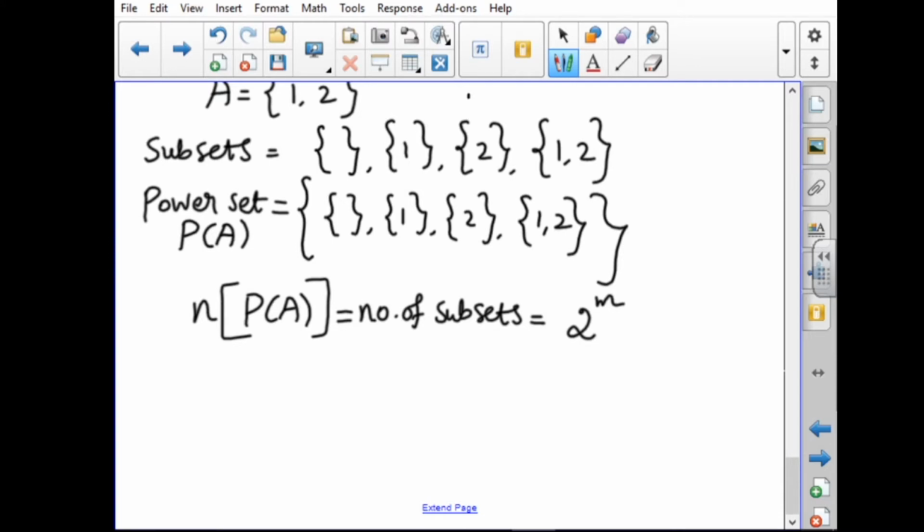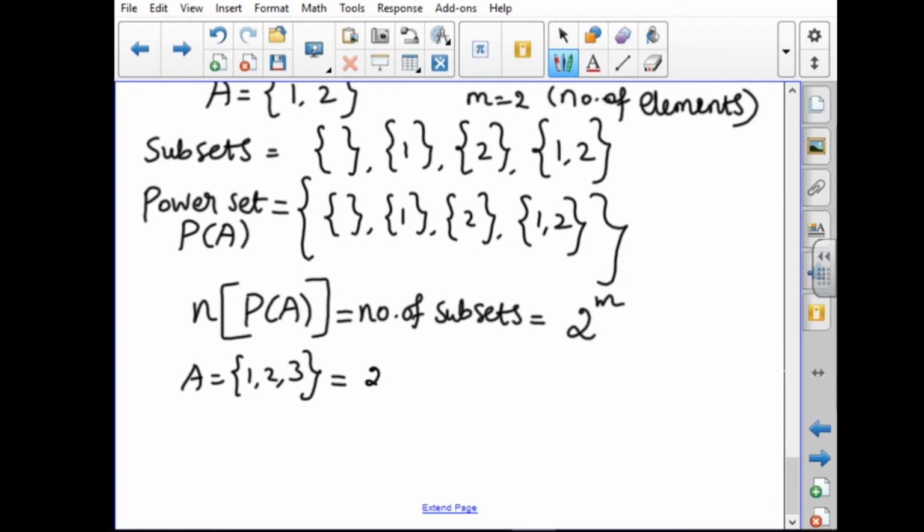For example, m is equal to 2, the number of elements. For example, if A is equal to {1, 2, 3}, we use 2 power 3, that is 8 subsets.